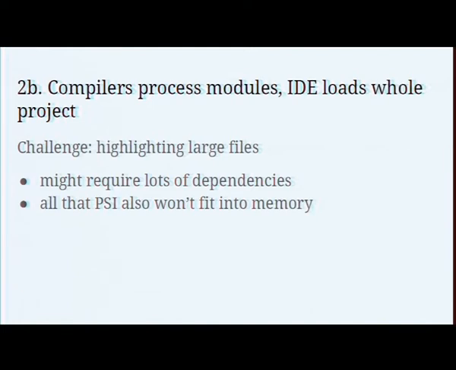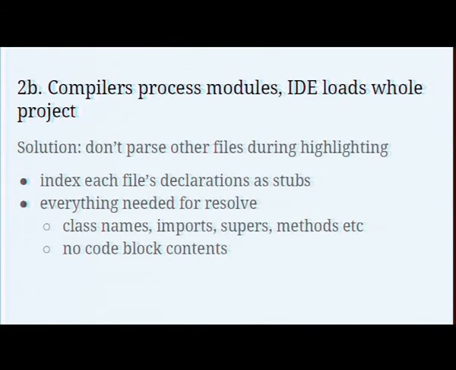So, what do? We don't parse other files while highlighting just one file open in the editor. At least we try to. And for that we have yet another kind of index. I think it's the most important kind of index. It's called stubs, and it's basically the information about which declarations a specific file contains.